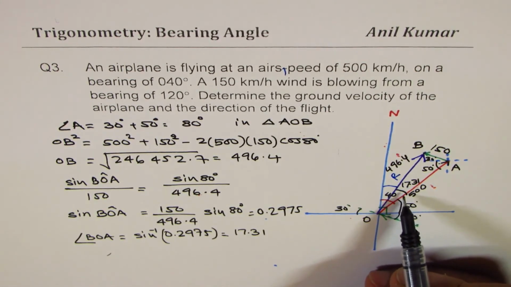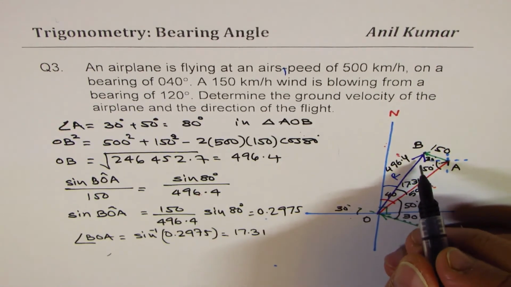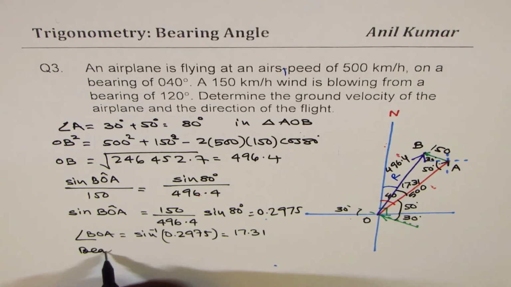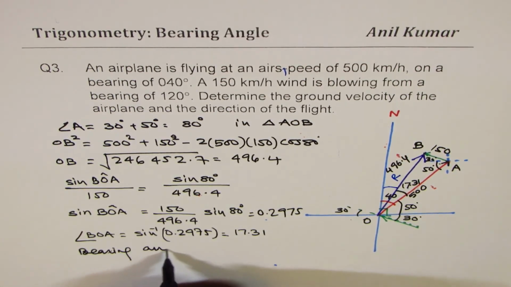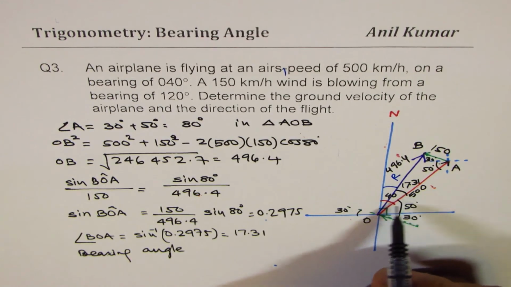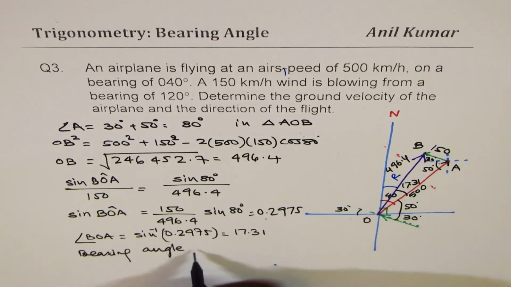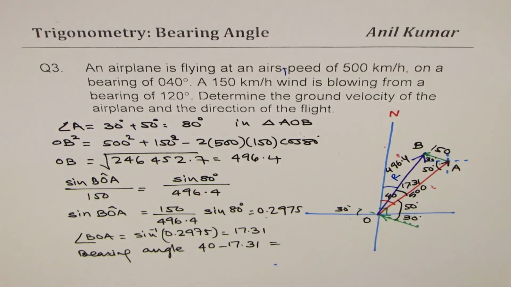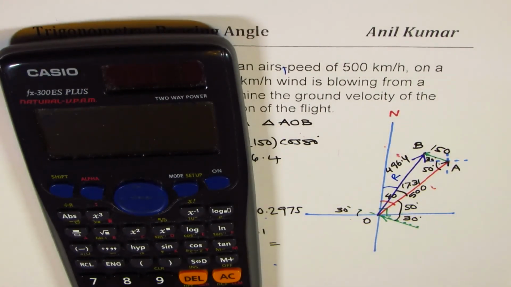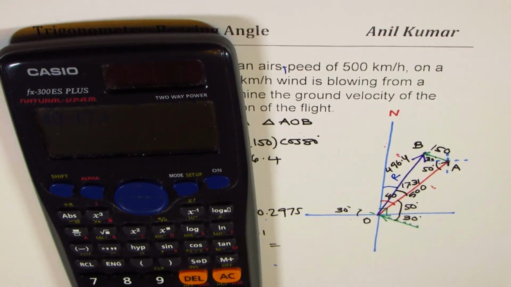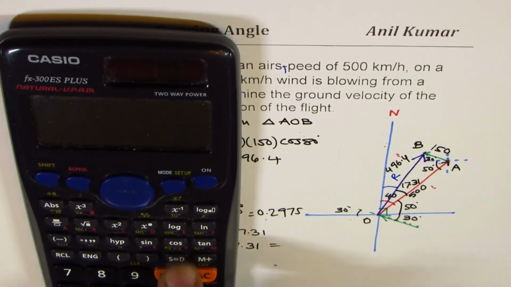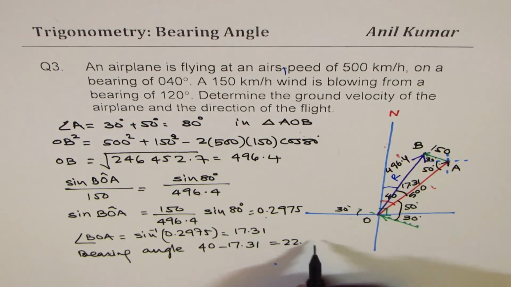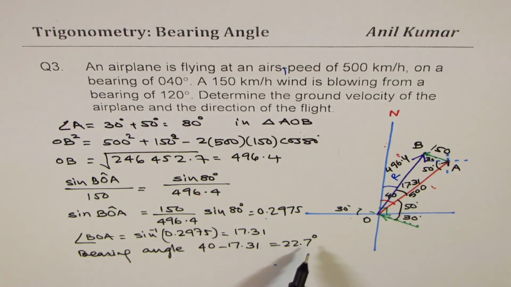Since this angle is 17.31, what is the bearing for OB? So the bearing angle is 40 minus 17.31, right? 40 minus 17.31, which in decimals is 22.7. So that is the bearing angle.